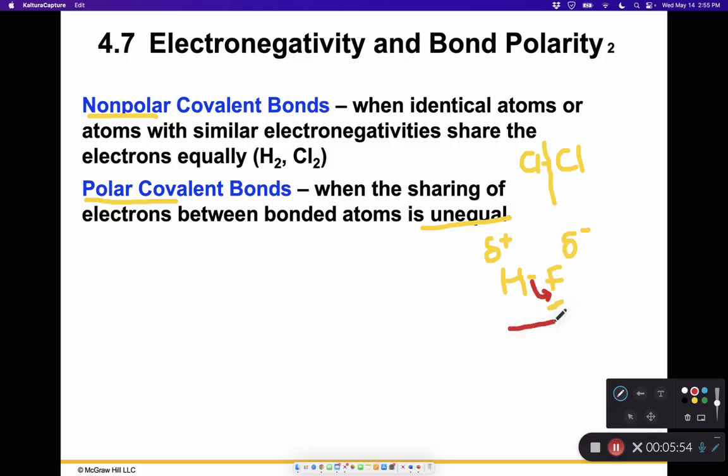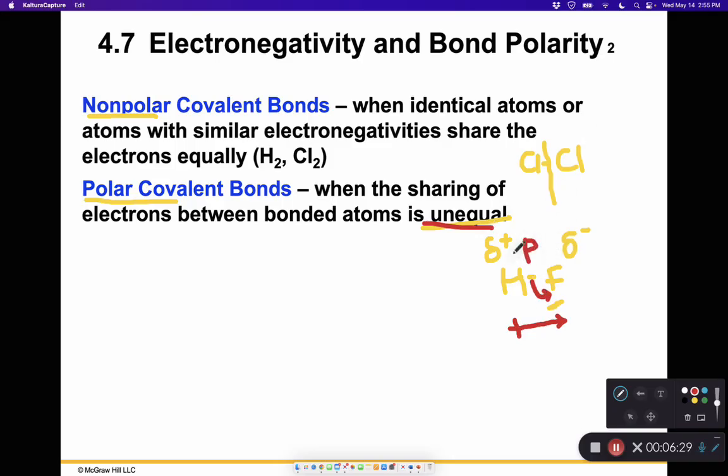We show this with an arrow, where the head of the arrow points to the fluorine side, where the electrons are more, and the other end is crossed out, meaning the positive side, poor in electrons. Rich in electrons means delta negative; poor in electrons means delta positive. So in the HF molecule, the bond between them is not shared equally, and we have a polar bond here.